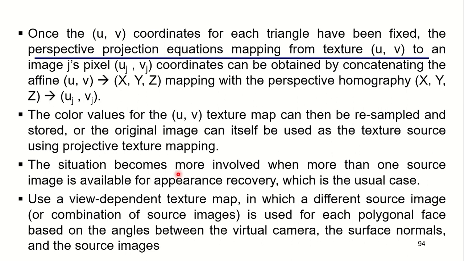The situation becomes more involved when more than one source image is available for the appearance recovery, which is the usual case. Use a view-dependent texture map in which a different source image or a combination of source images is used for each polygonal face, based on the angles between the virtual camera, the surface normals and the source images.